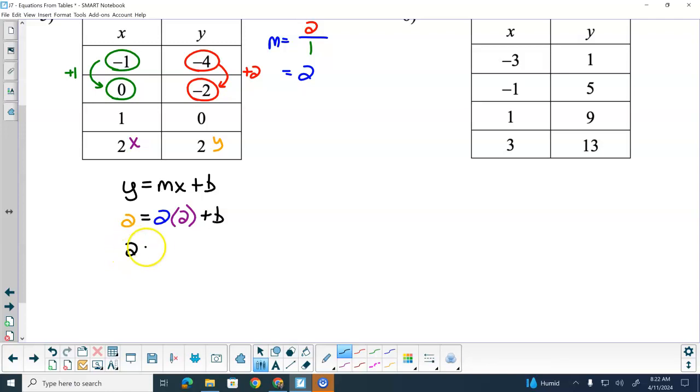And then I get 2 equals 4 plus b. Okay. How am I going to solve this one then? I got to solve for b. B all by itself. Subtract 4 from both sides. Yeah.